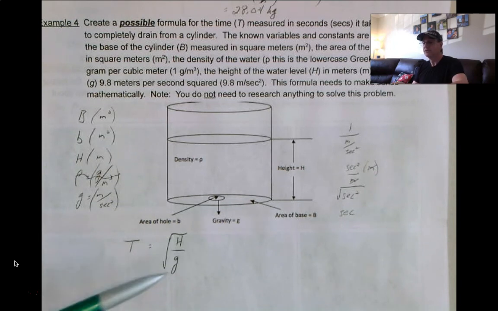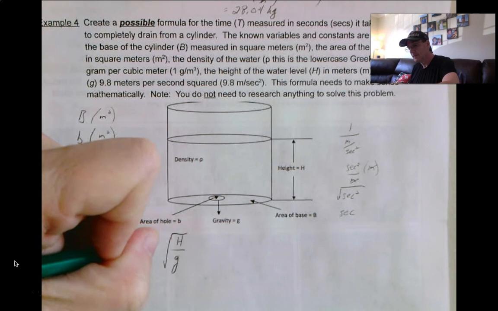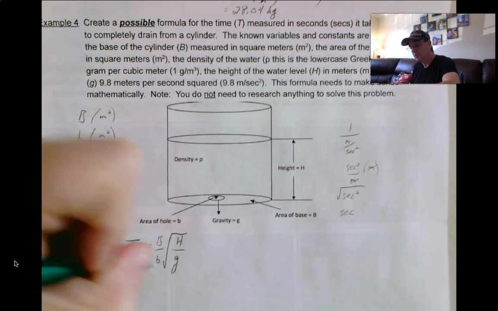Now, this is just one possible formula. What are other possible formulas? Well, I never used the capital B or the little b. And these units cancel each other if I put one over the other, right? So I could put, and this is just another possible answer, capital B over little b.